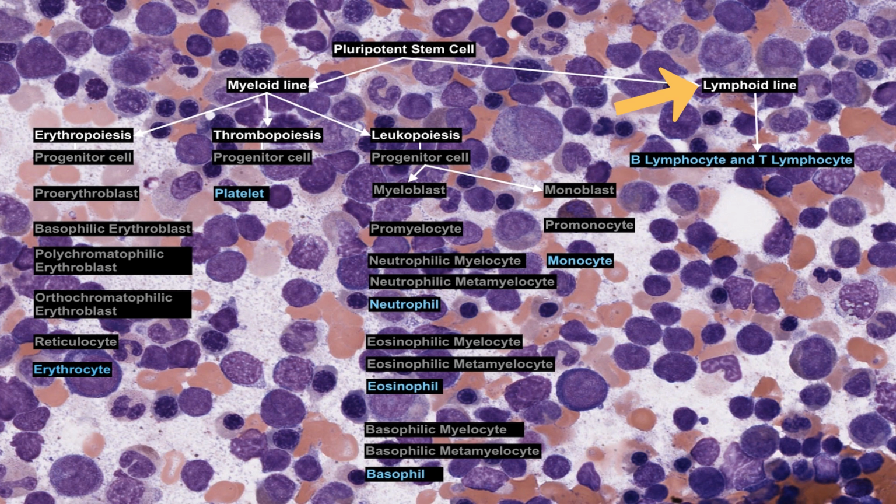Then there are the common myeloid progenitor cells, which are different progenitor cell populations that are then influenced by a number of factors that stimulate these lineages to go through various processes of developing into erythrocytes, the process called erythropoiesis, megakaryocytes and the platelets, the process called thrombopoiesis, and the white blood cells, the process called leukopoiesis.